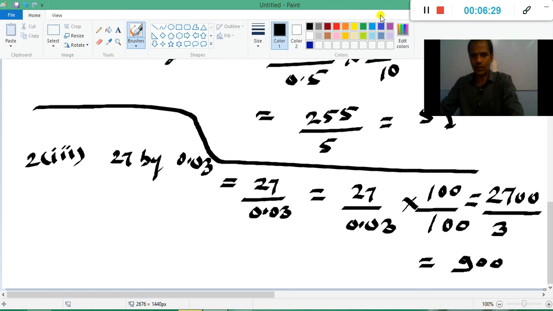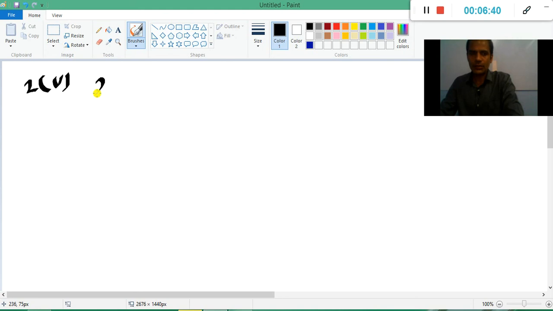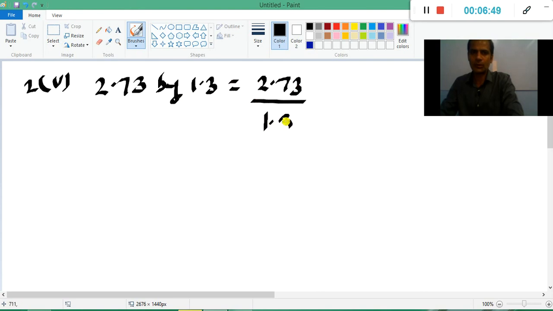Okay students, note it down. Now it's time to solve the fifth part. So second question, fifth part. It is divide 2.73 by 1.3. So it is written as 2.73 upon 1.3.